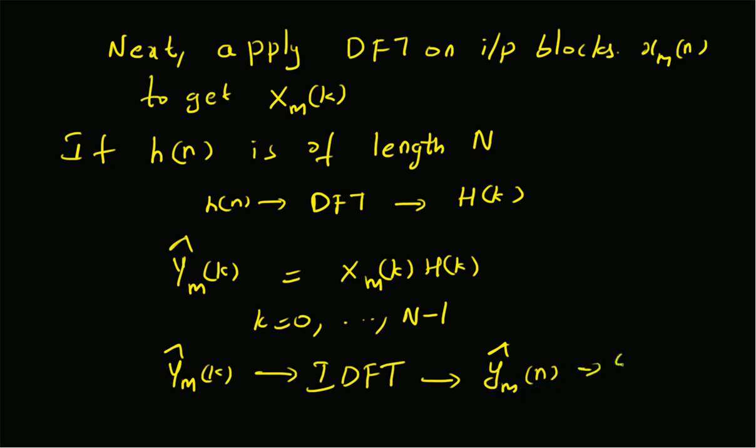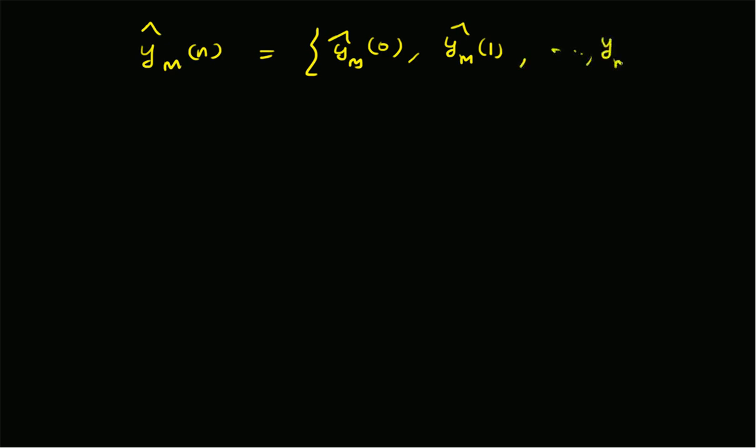These are the output blocks. So Y_m of n hat has N values, that is Y_m hat of 0, Y_m hat of 1, and so on up to Y_m hat of N minus 1. That is, there are N values in this inverse DFT sequence, the time domain output blocks.